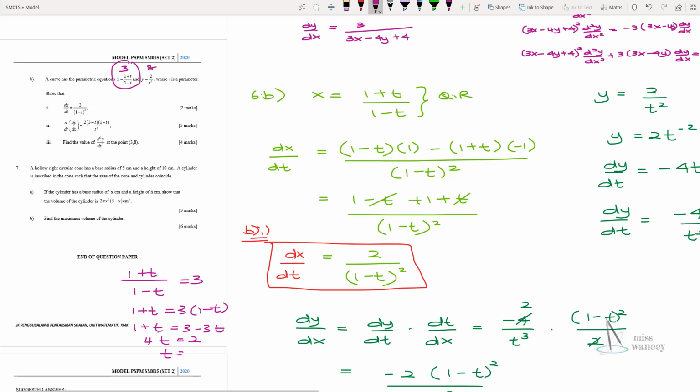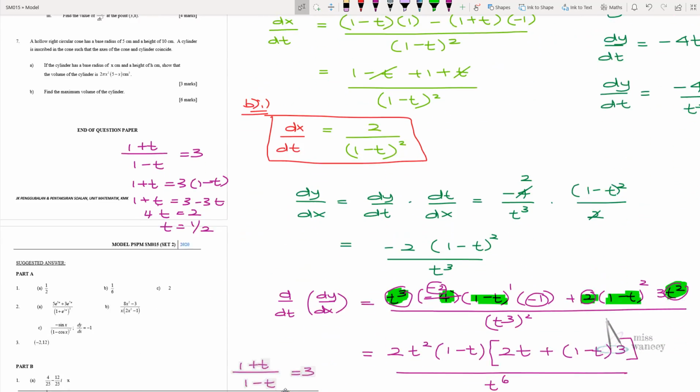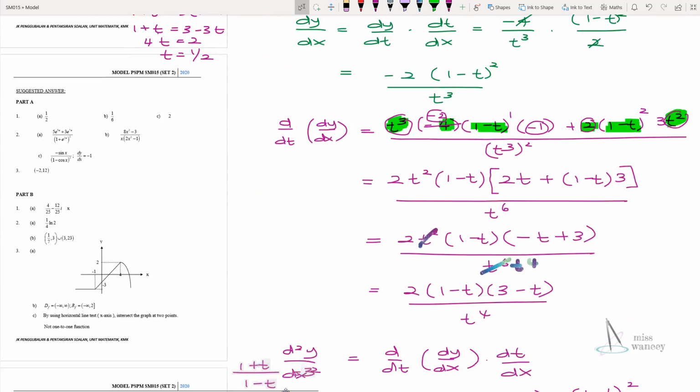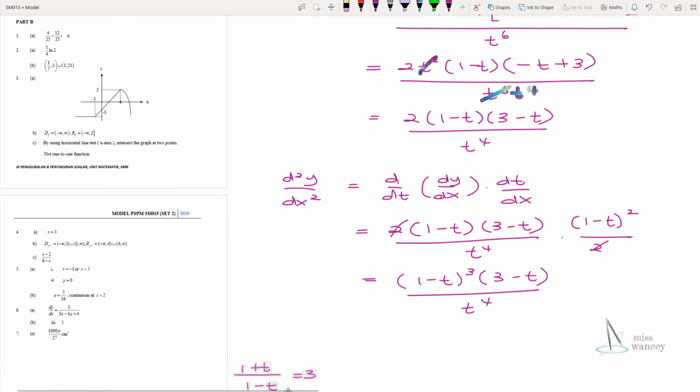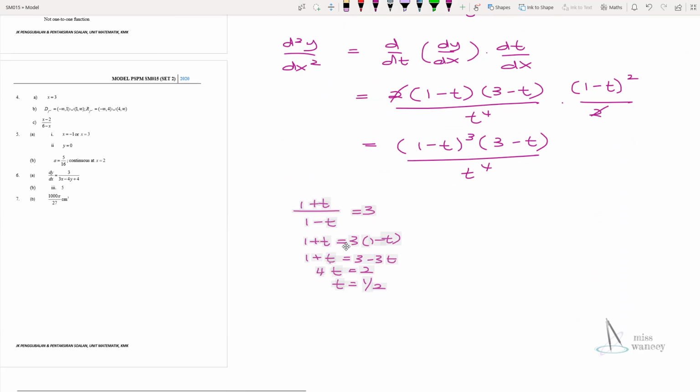So t will be equal to 1 over 2. So I know that t is equal to half. So let us substitute into the formula of the second derivative. Okay, bring this one down. Okay, just in case you didn't know where this comes from, this is actually when x equal to 3.